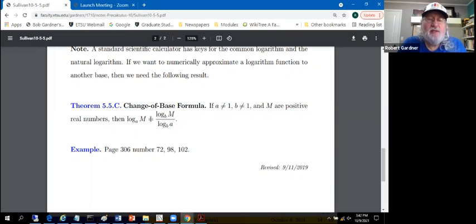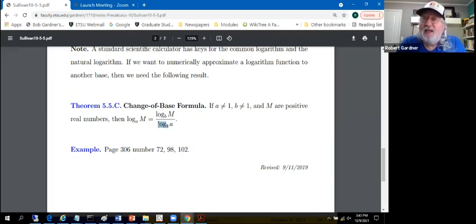The claim is log base a of m equals log base b of m divided by log base b of a. All right. What we've got on the left-hand side is log base a. What we've got on the right-hand side is log base b. So you've changed the base from log base a to log base b. For example, and in the 3 examples we'll do below that require this, we could use b equals e and let these be natural logarithms.